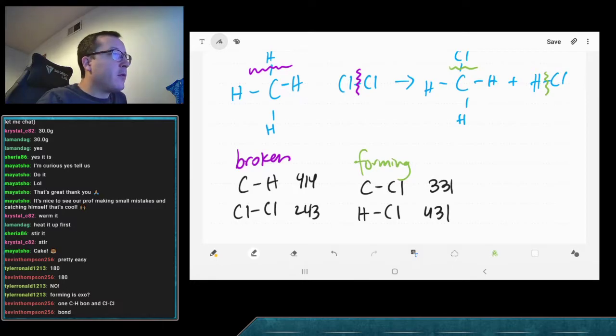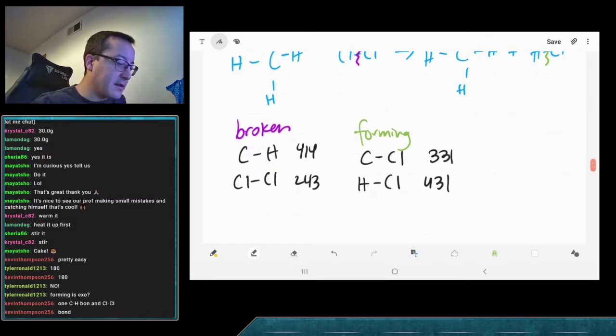Okay, so I've just copied the numbers over. These are all kilojoules per mole. Just looking at these numbers, we're probably going to say this is an exothermic reaction, right? We are breaking bonds that total roughly 650 kilojoules, and we're making about 760 kilojoules as a result.